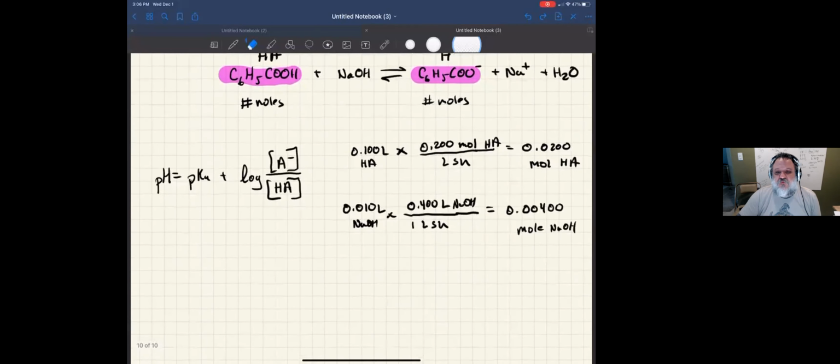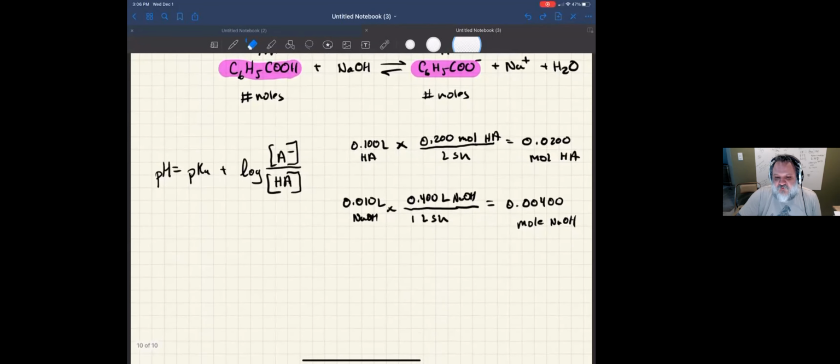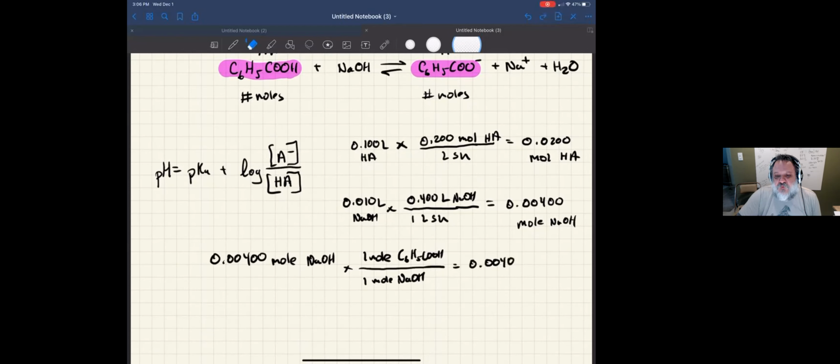Okay, here's where things start to get tricky. What does it mean to have added 0.004 moles of sodium hydroxide? Well, for every mole of sodium hydroxide I add, I react 1 mole of the benzoic acid. And so that means I reacted 0.004 moles of benzoic acid.